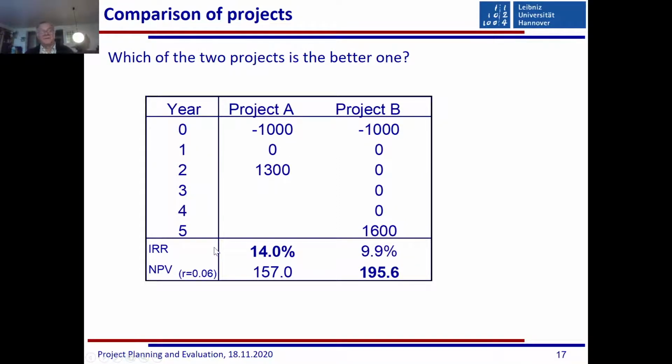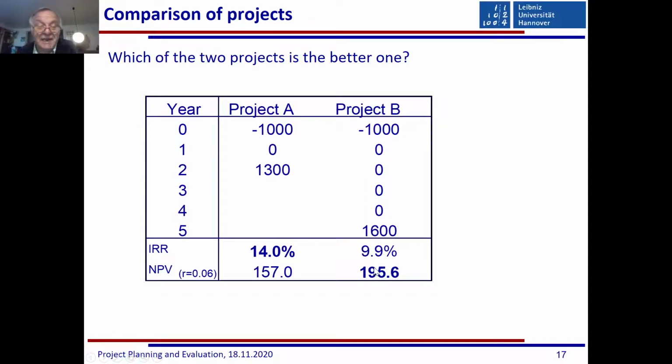So can we simply compare these numbers? Can we simply say, okay, project A has an IRR of 14%, while project B has an IRR of 9.9%, and the NPV is 157 and 195.